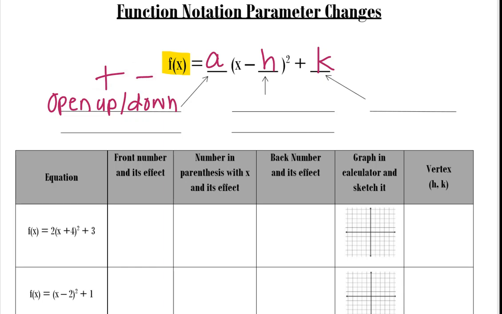Another thing that my a value tells me, and we've already seen this in one of the previous videos, is that it's going to tell me if it's a vertical stretch or a vertical compression.